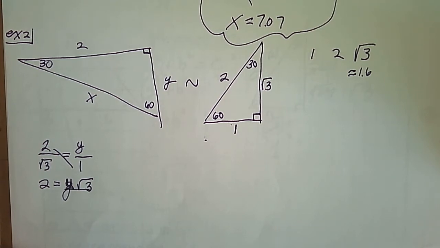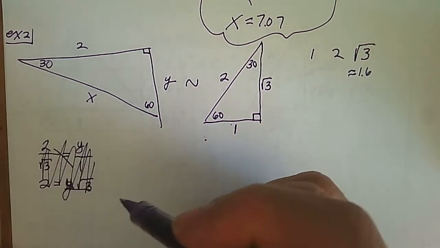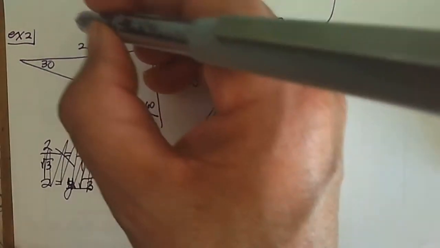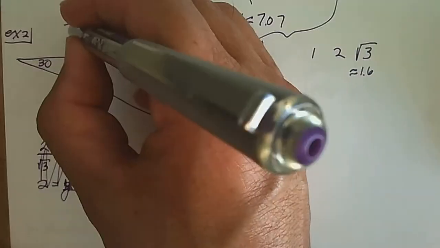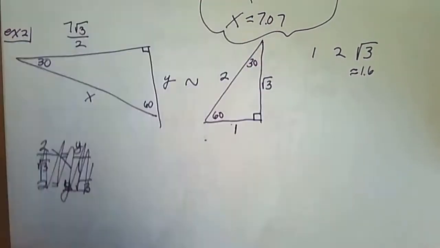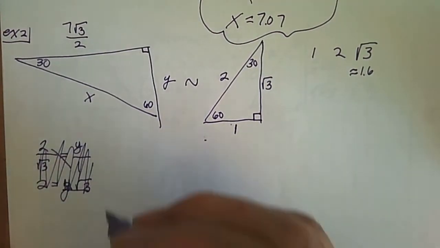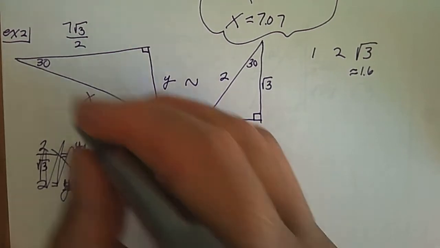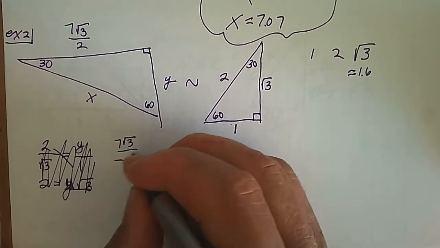Okay, I messed up. When I copied the problem, I copied it wrong. This is 7 radical 3 over 2. That's why it's not making any sense. Now, the side that I know is 7 radical 3 over 2.